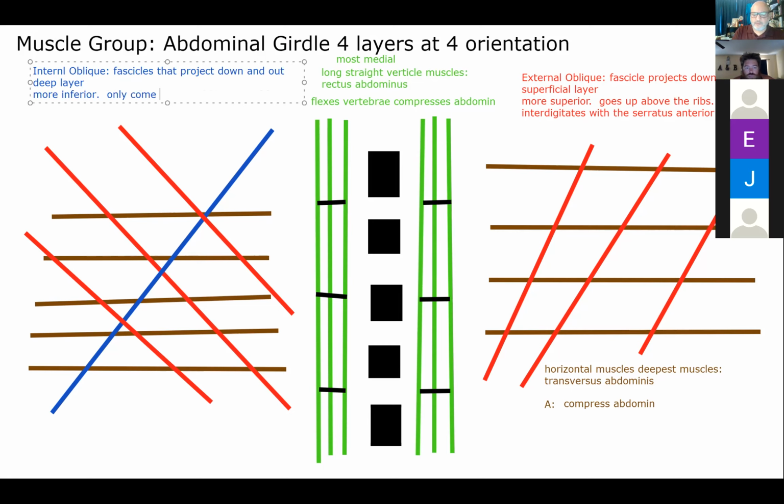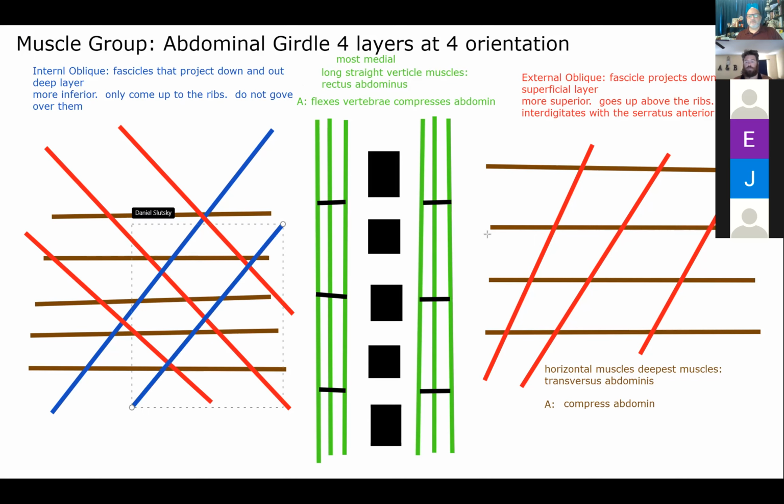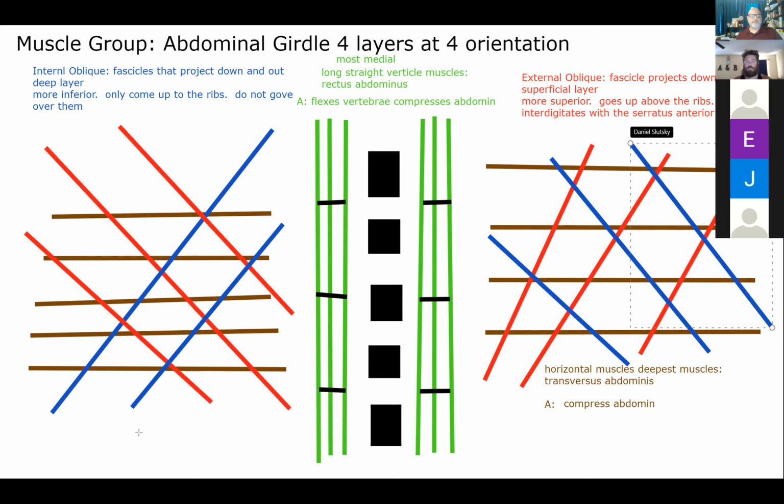It only comes up to the ribs. It does not go over them. So they are down and out, down and out, down and out. And so we have all these interlocking layers of muscles.